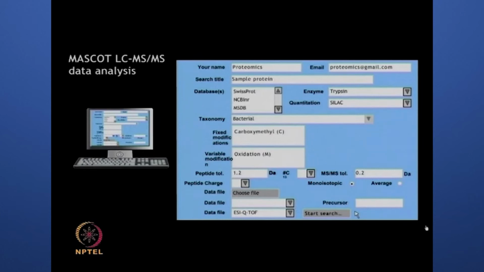The data file generated from MS is uploaded and the search is carried out.